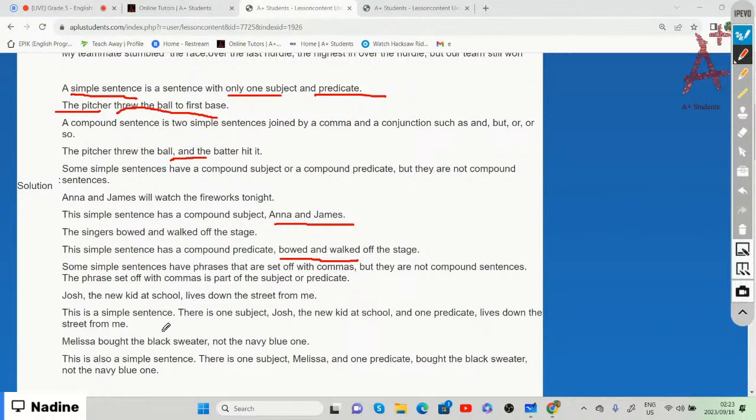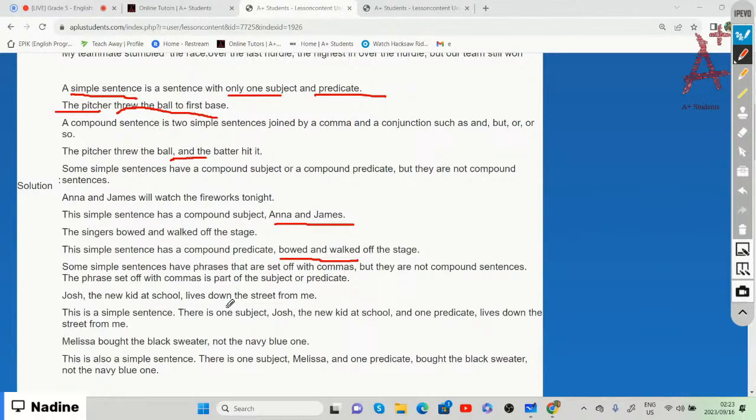So that sentence, right? It is also a simple sentence. Our subject is Melissa, and we have a predicate, which is bought the black sweater, not the navy blue one. So there we also have a subject and predicate.